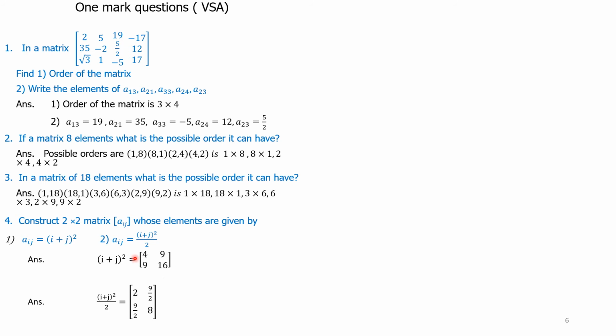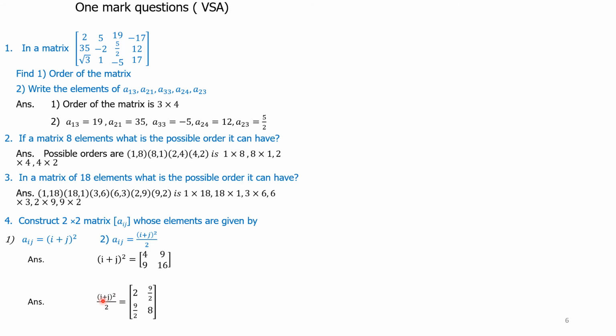Similarly, for part 2, Aij is equal to (i plus j) whole square by 2. So i is 1 and j is 1, 1 plus 1 is 2, 2 square by 2 is 2.